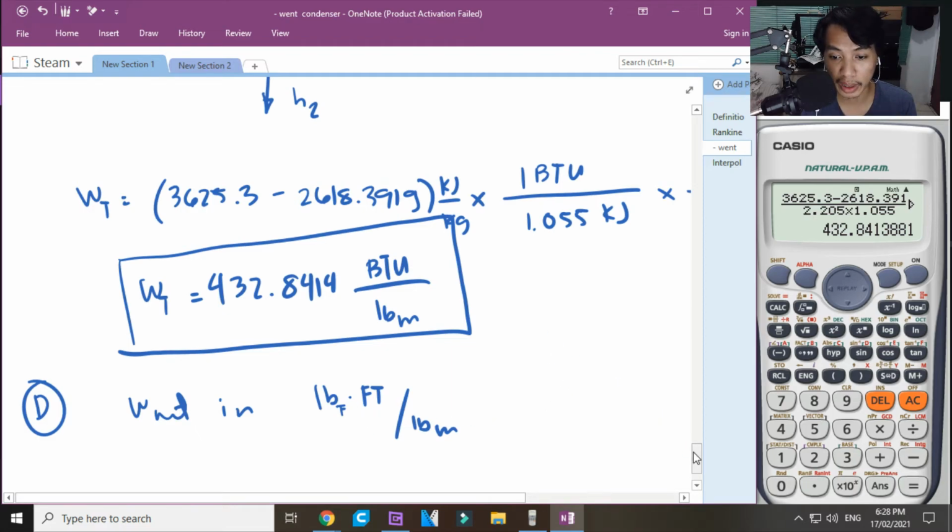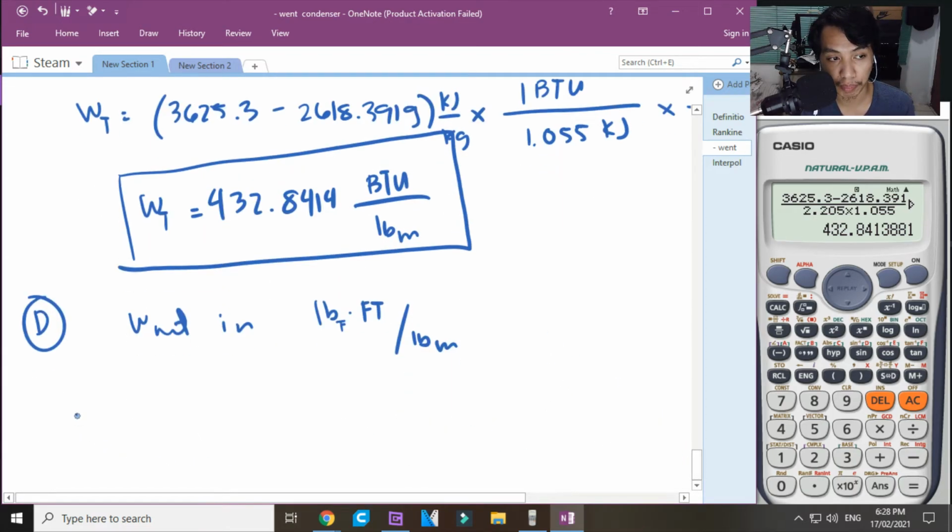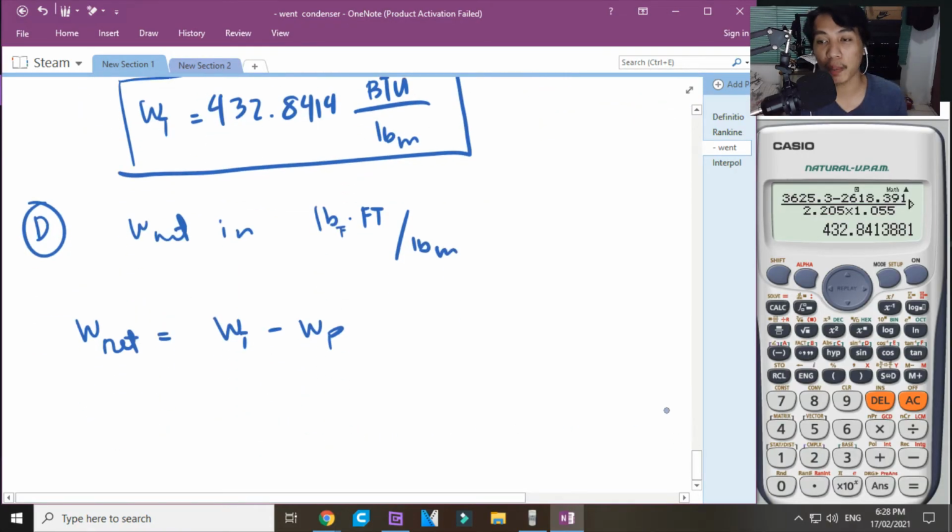Magmula na lang tayo dito sa mga work na binigay. Work net, wag na sa QA at QR. So, work ng turbine minus work ng pump. Somehow, pag napakaliit naman ng value nun sa pump, eliminate or neglect mo na lang yung work ng pump. Sa board exam, mostly ninineglect nila yung work ng pump.